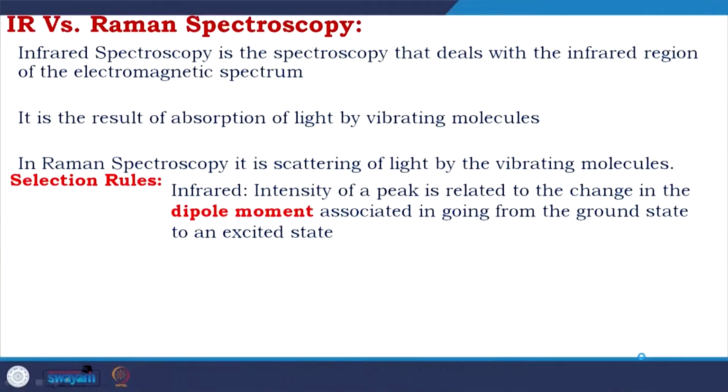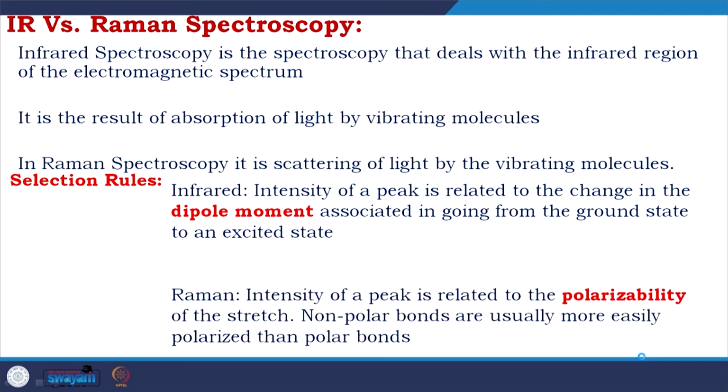There are selection rules. In infrared, the intensity of a peak is related to the change in the dipole moment associated with going from the ground state to an excited state. In Raman, the intensity of a peak is related to the polarizability of the stretch. Non-polar bonds are usually more easily polarized than polar bonds.